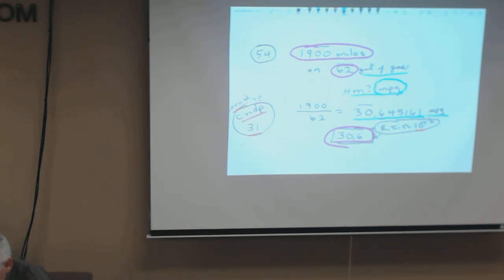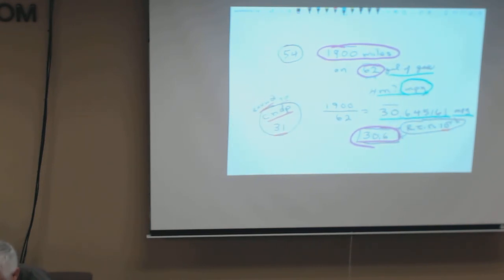But he had 62 gallons of gas in his car. So, oh, wait a minute. So, rounded to the correct number of decimal places, it would be 31. I can only use 2 digits.